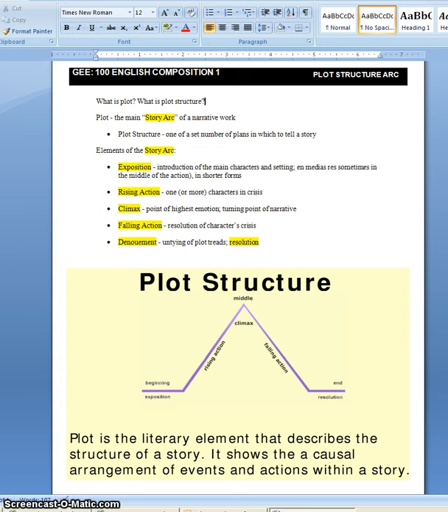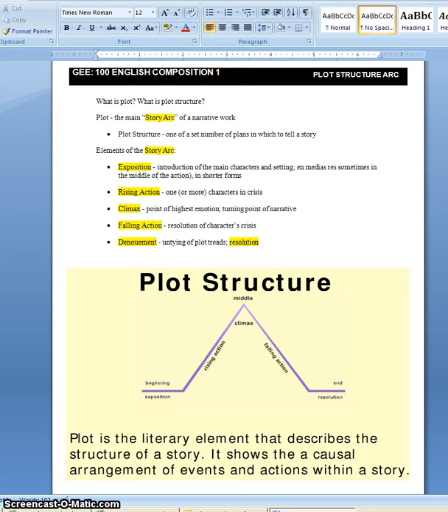If you recall high school literature, or watching any type of movie, especially an action-packed movie, you had different sections to the story. We want to look at these 5 sections so you know what to put in the 5 paragraphs for your narrative essay, which will be your first full-fledged essay for Composition 1.